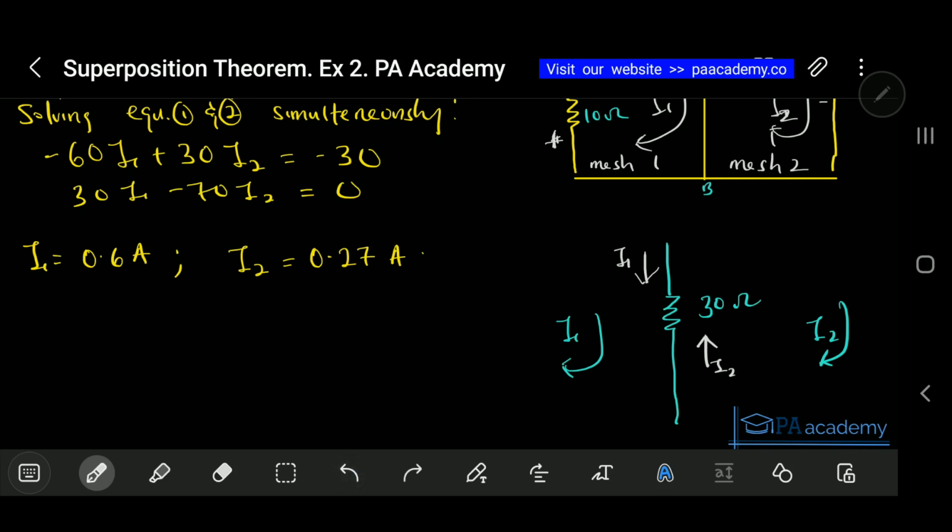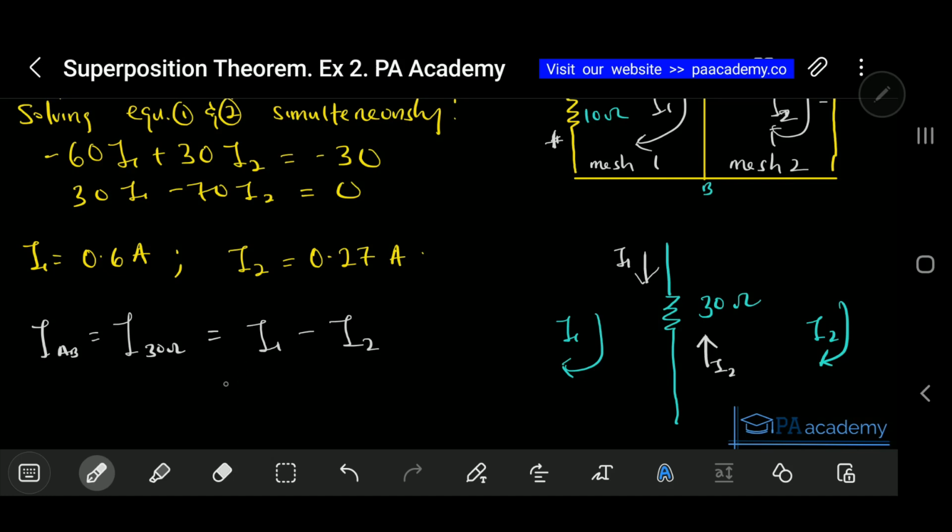Like I said, for you to get it, you look at the two values I1, I2. So I1 is higher than I2, as you can see here. So the one that is higher, that means the current flowing through AB, which is also the same thing as current flowing through the 30 ohm resistor, will be I1 minus I2. Exactly, because the value of I1 is higher than I2. 0.64 is higher than 0.27.